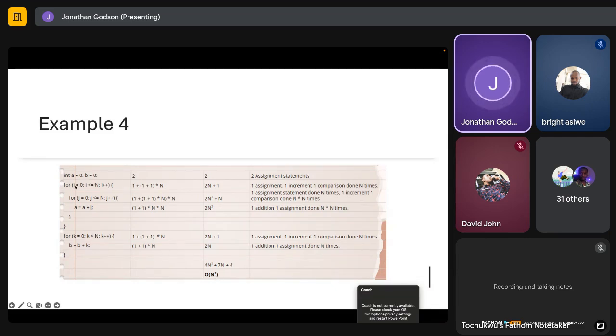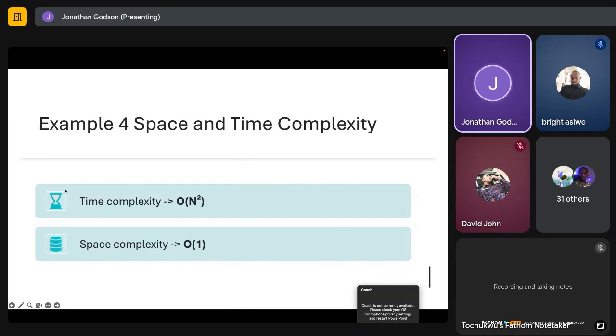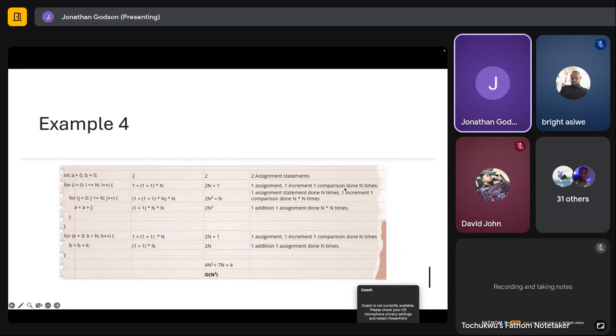But narrowing this down line by line, this line has 2 assignments. In this line, we have 1 assignment, 1 increment, 1 comparison, and one comparison done n times.